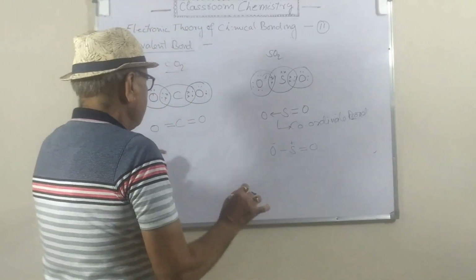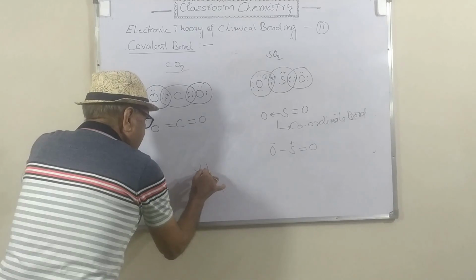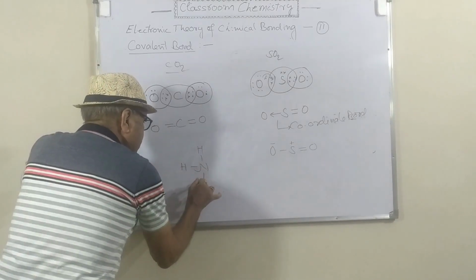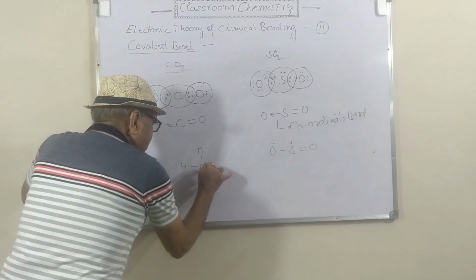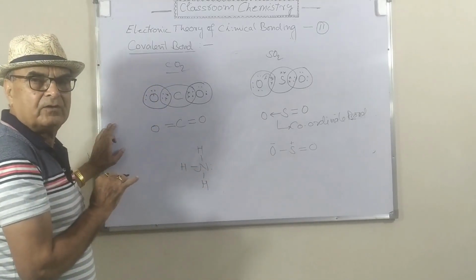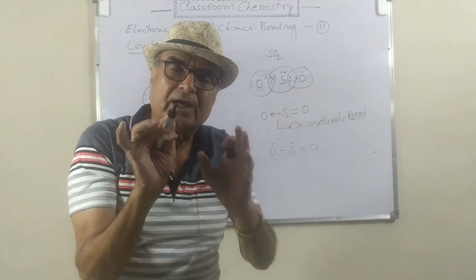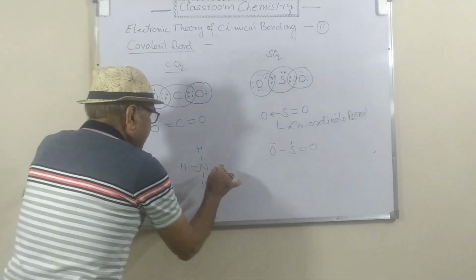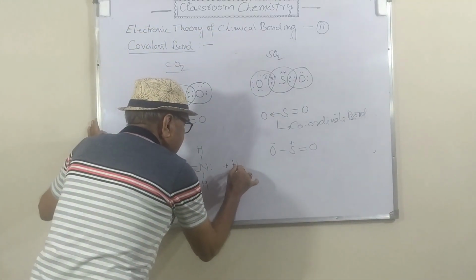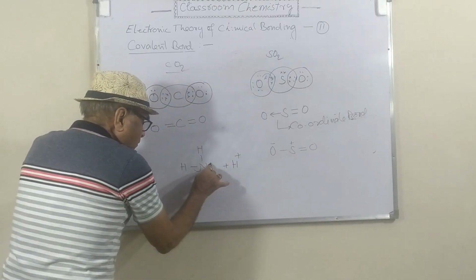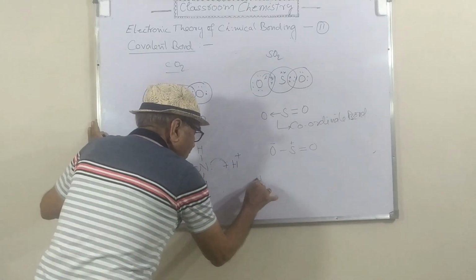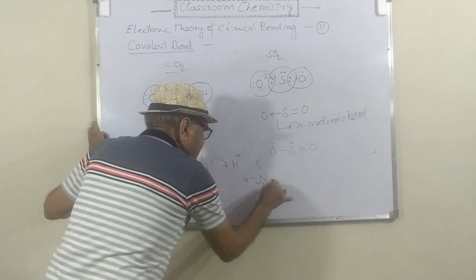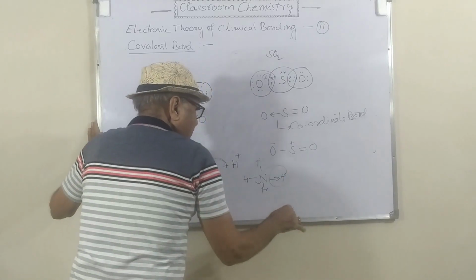Now I am telling you about ammonia. I have explained this is one, this is one, and this ammonia has 1 lone pair. The lone pair means the pair that has not taken part in the bonding. Then when H positive comes to it, this electron will go to this, and so first you can say that the bond is formed like this, but it's not the way.